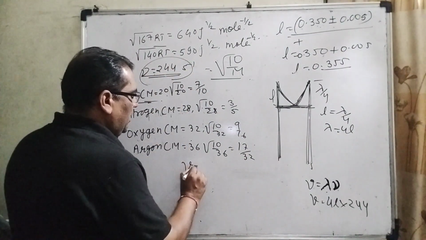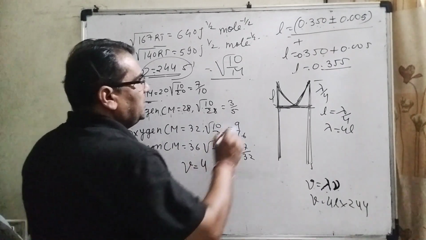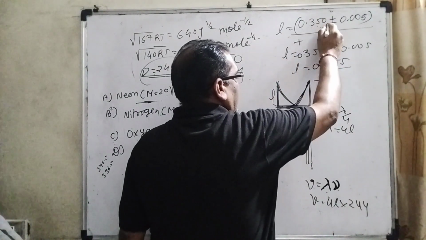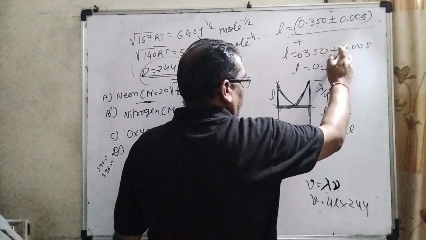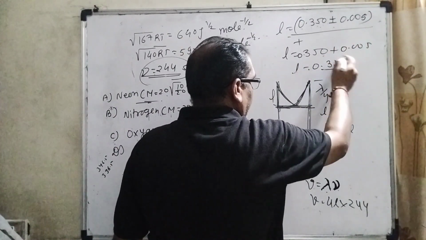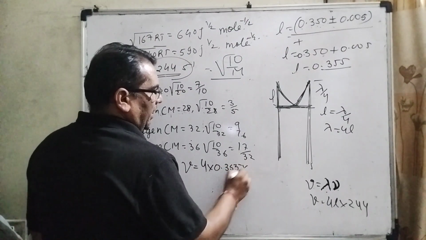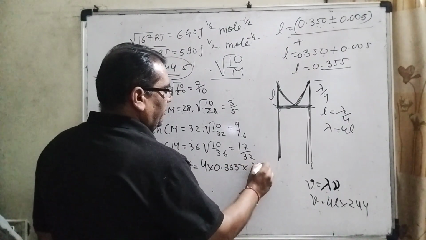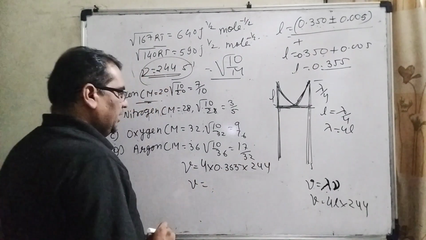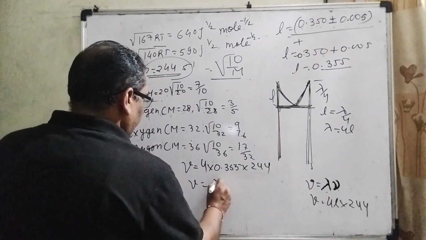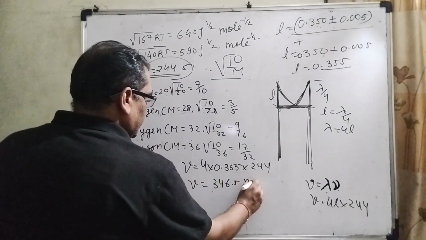Taking the positive sign first, 0.350 plus 0.005 becomes 0.355, and multiplying by 244, we get the speed of sound as 346.5 meter per second.